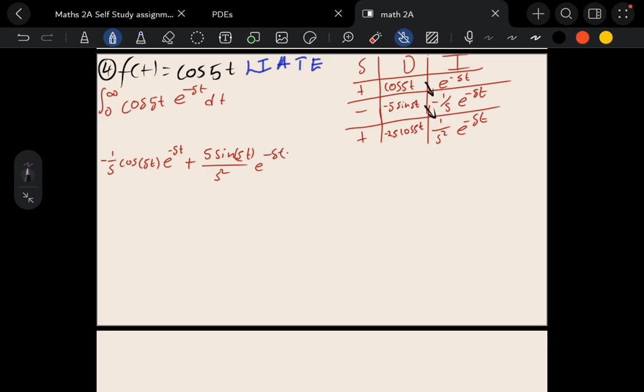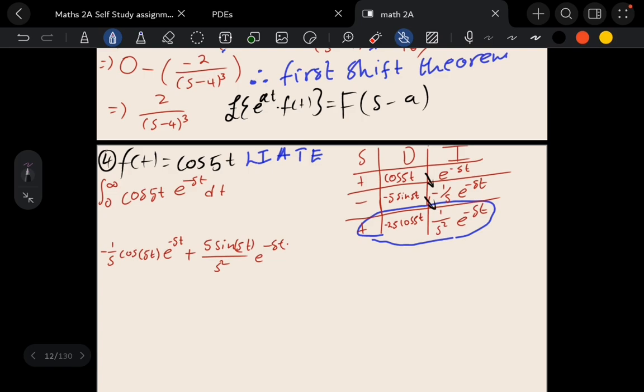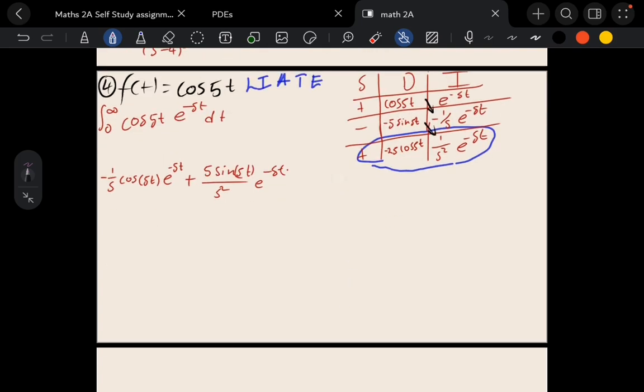When you are there, you're going to integrate this product and equate it to the original equation. So it's going to be minus an integral of 25 cos 5t over s squared e to the power negative st dt.